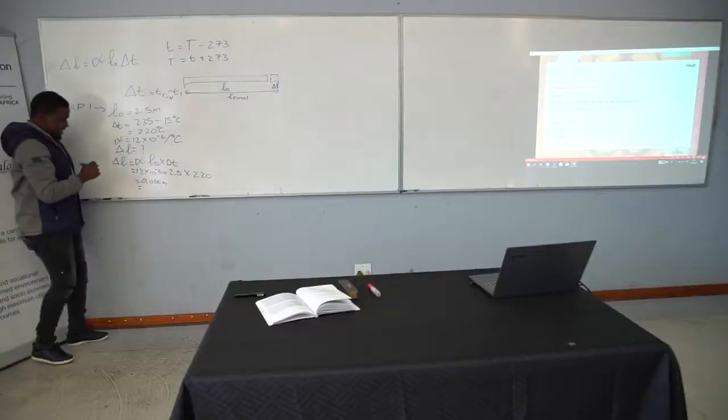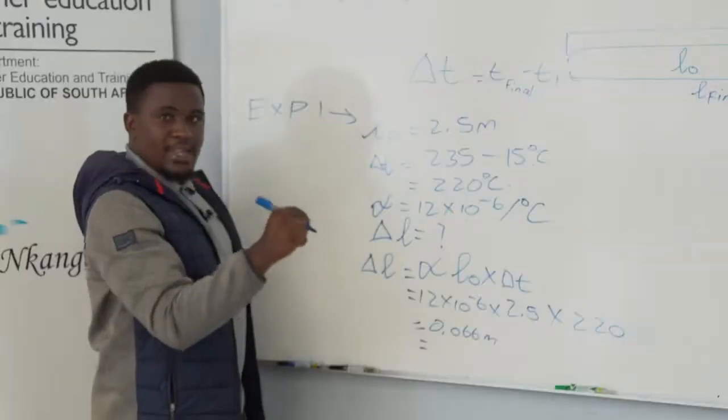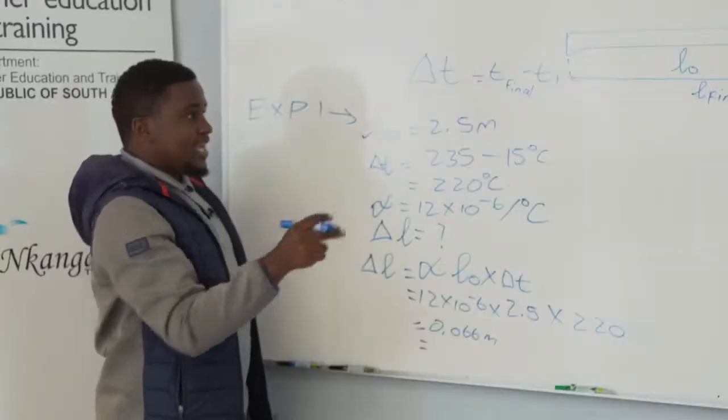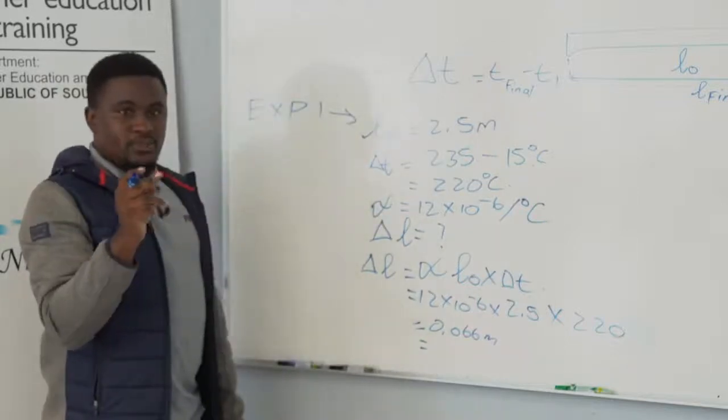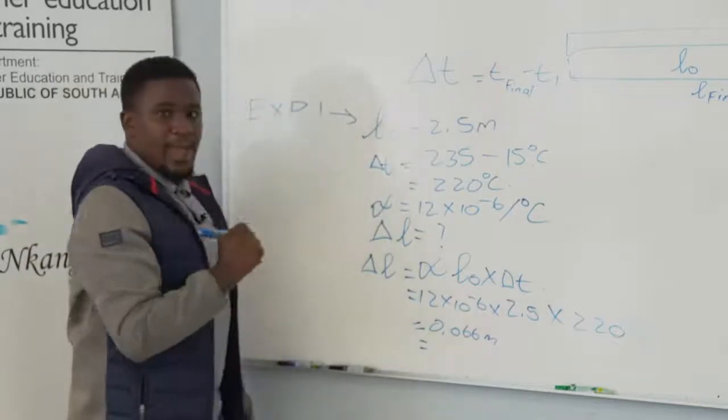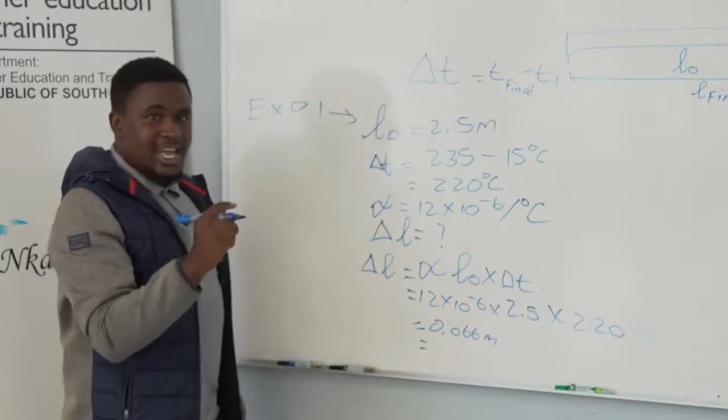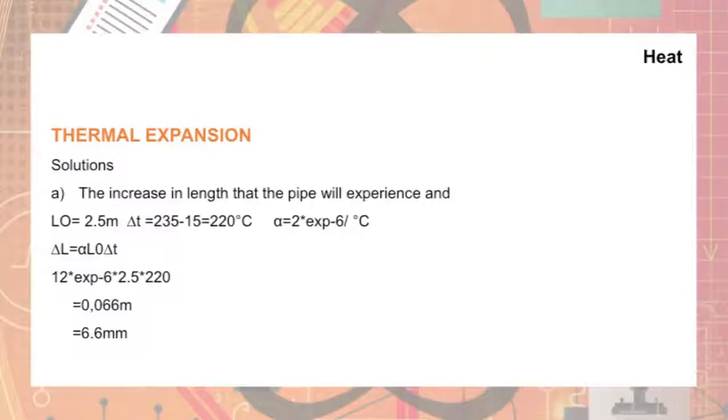We said this change in length is the small millimeters in which our steel pipe is increasing. We said we cannot see it with our naked eyes. Hence, 0.066 meters is equivalent to 6.6 millimeters.